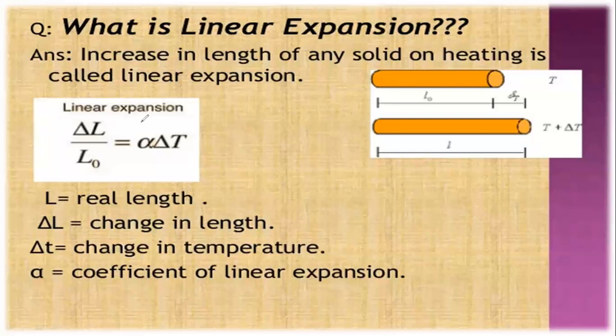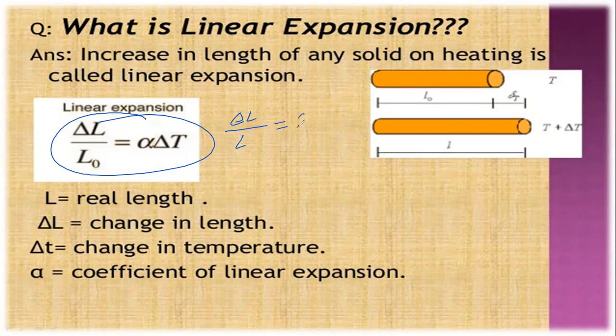When we are going for this expression, the change in the length upon the actual length of the rod is equal to the product of the coefficient of the linear expansion, which depends on the material, with the change in the temperature.